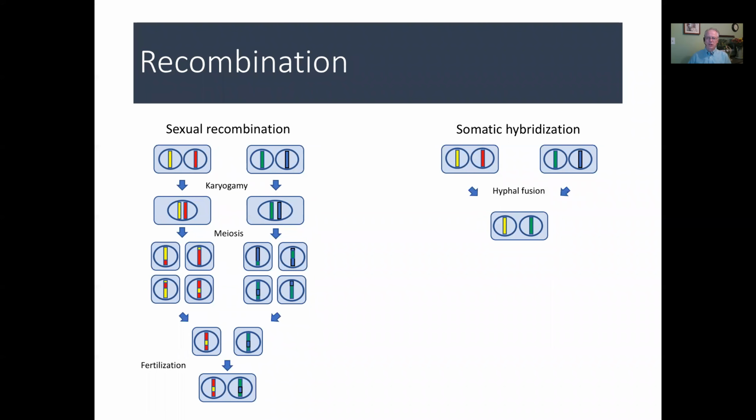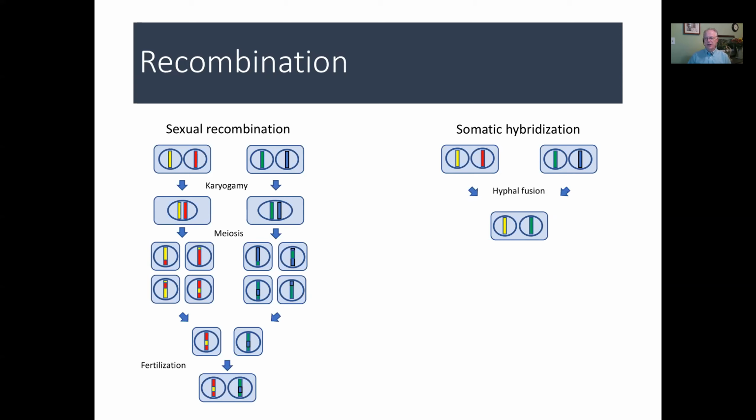So this shows an illustration comparing sexual recombination and somatic hybridization. On the left, you have sexual recombination, and on the right, you have somatic hybridization. And the main point to take away from this slide is the difference in the outcomes. In sexual recombination, it's like shuffling a deck.